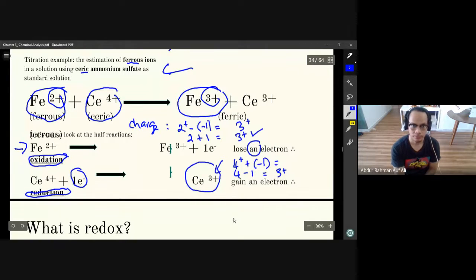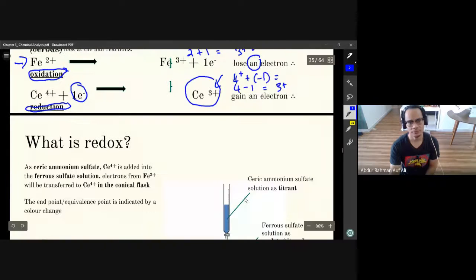Okay, so that is how you verify and identify which one undergoes the reduction process and which one undergoes the oxidation process. And that is basically how redox titration works, by the transfer of electrons.